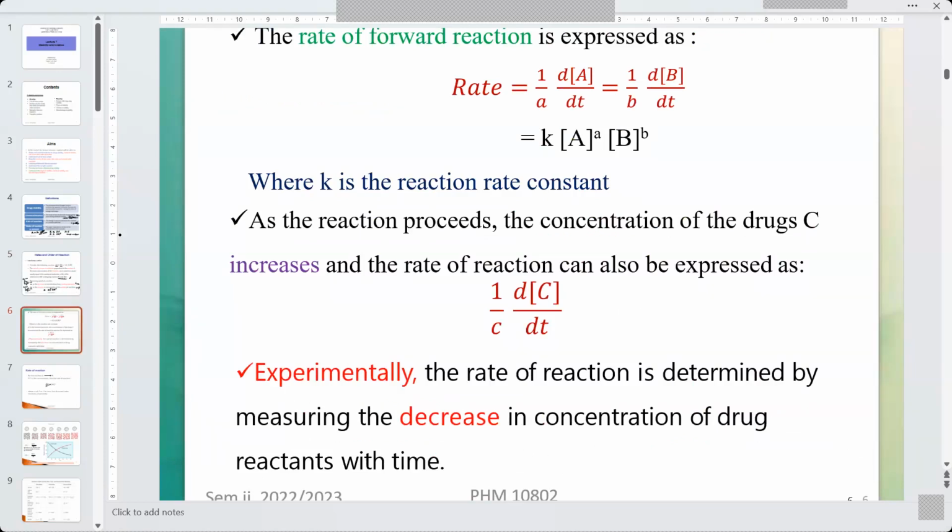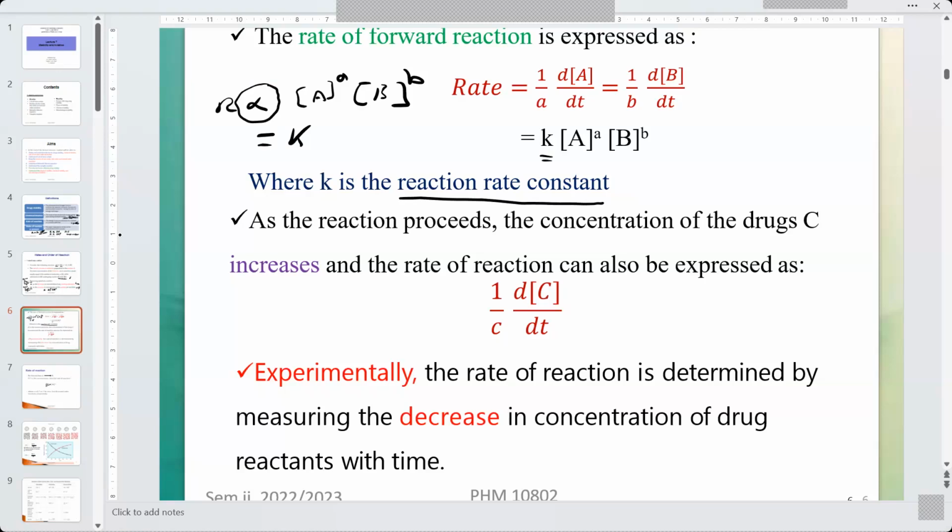Simply, away from this equation, we said that reaction rate is proportional to a to the power a small times b to the power b small. And as we learned from mathematics before, to replace the proportionality sign with equal to, you have to replace it with a constant. So this one we call the reaction rate constant.